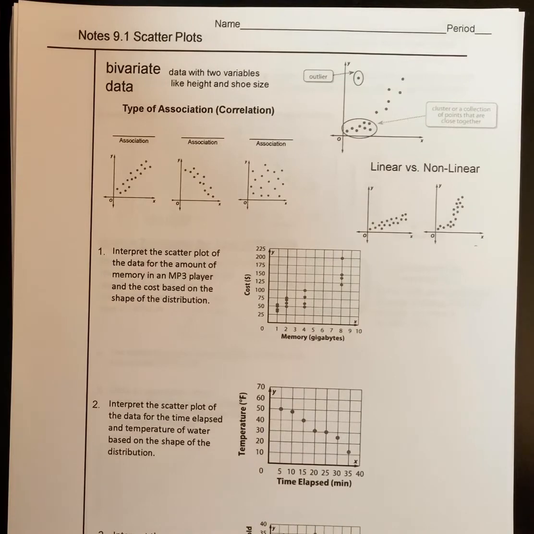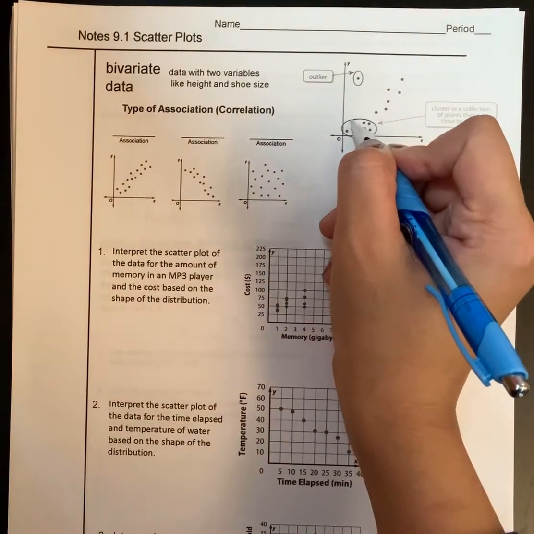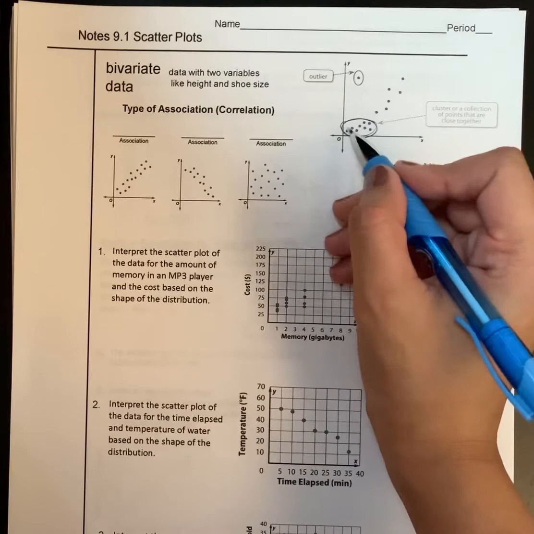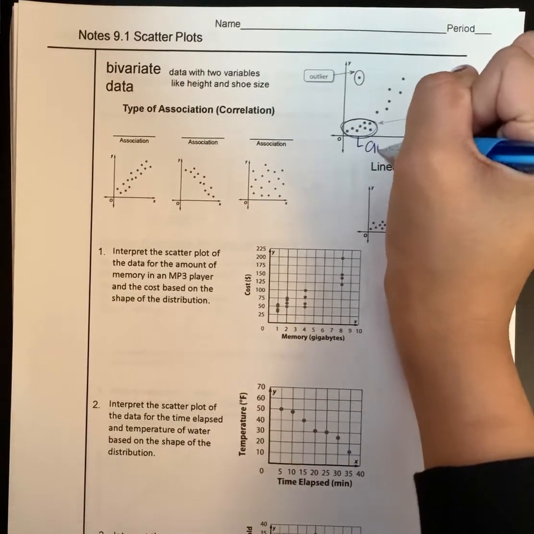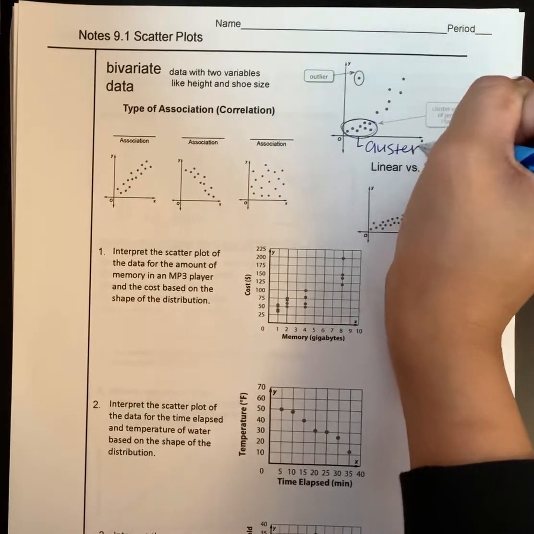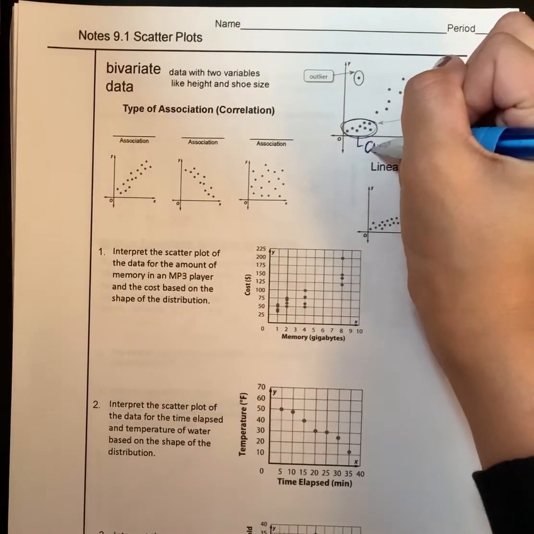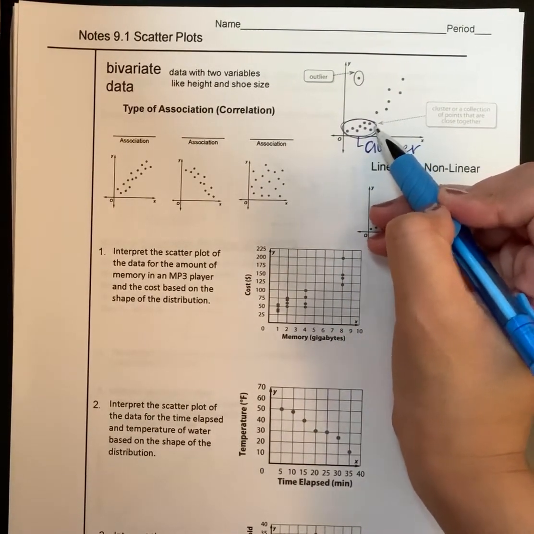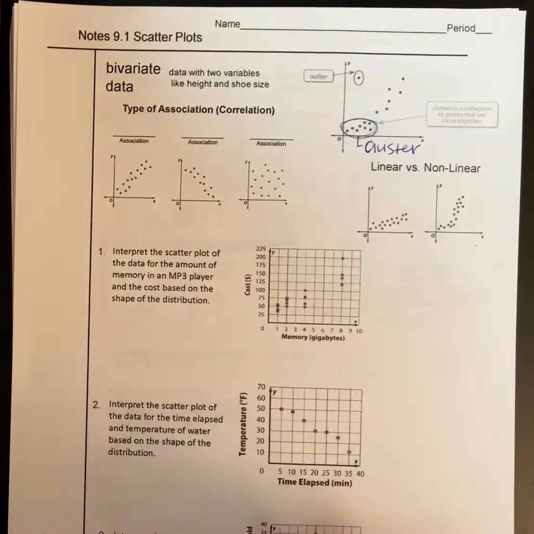One thing I want to start by labeling is noticing that all of these points over here that I circled for you are bundled up all together. We call that a cluster. A cluster is a bunch of points or data, as we're dealing with, all put together.